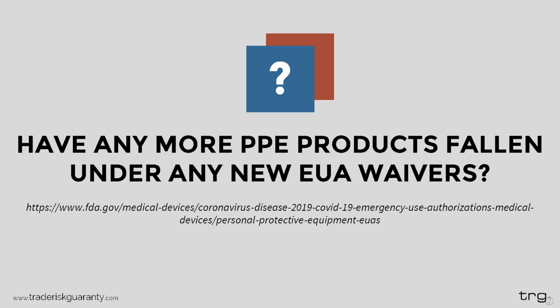Another question we received about PPE is, have more PPE products fallen under any new EUA waivers? The best resource for constant updates on this topic is the link on the screen. Similar to the previous link, this is where the FDA is constantly putting this information.